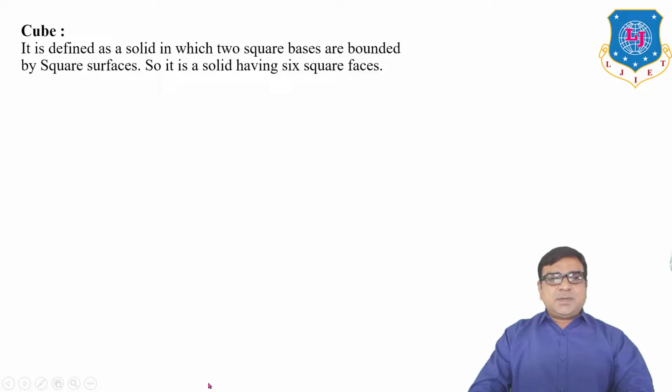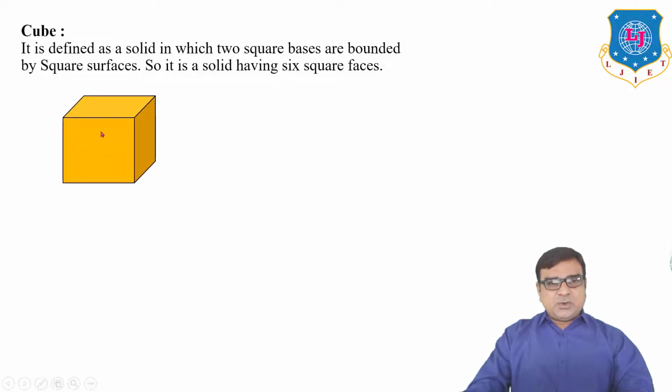Now, another solid, cube. It is defined as a solid in which two square bases are bounded by square surfaces. So it is a solid having six square faces. In cube, there are base edges, top edges, and the edge of face, and there are six square faces including base.